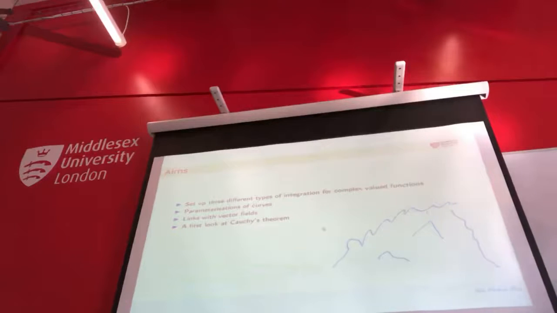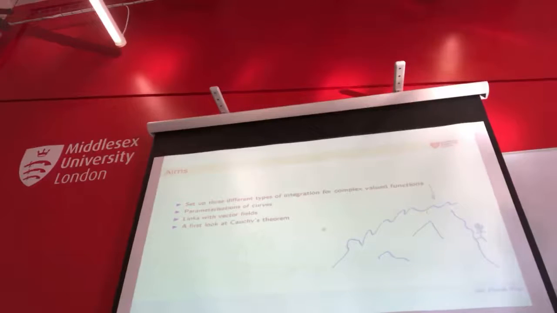Let's do a tree. And the idea is that at the moment we're climbing up this mountain here. And at the top is Cauchy's theorem.